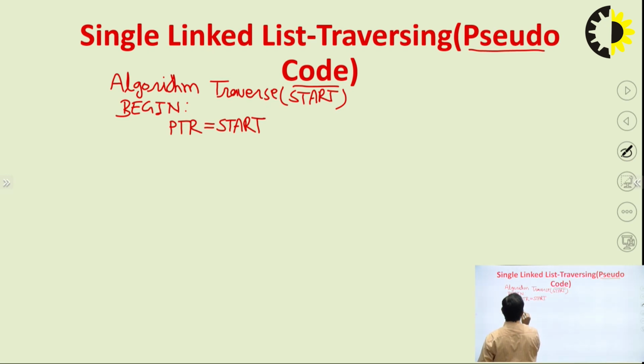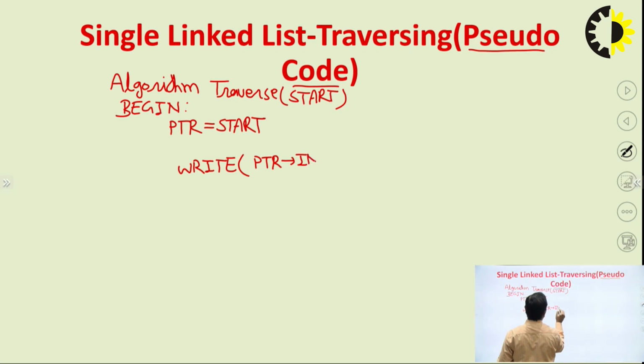Then we are displaying the information. We will write ptr arrow info. Again, we will update the ptr, ptr equals to ptr arrow next.